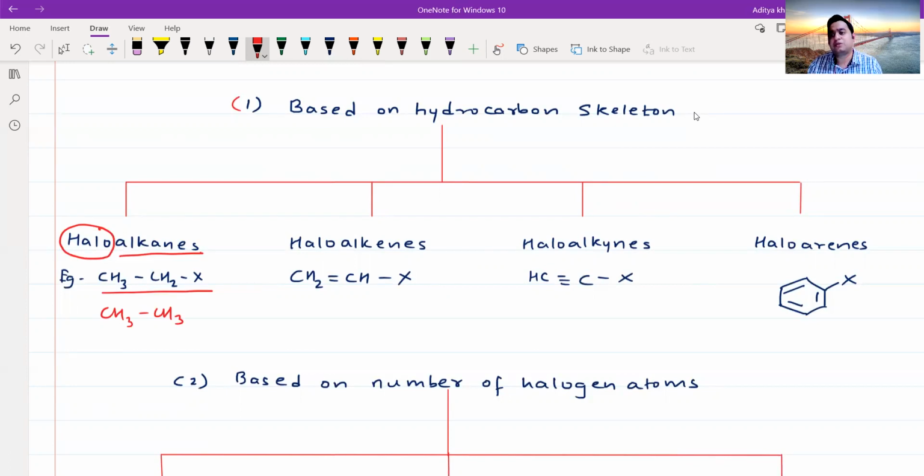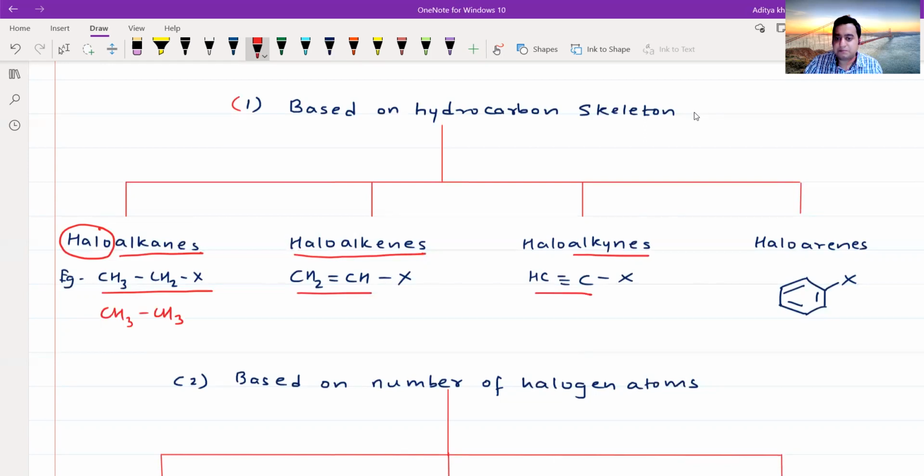If it is chlorine, then it would be chloroethane. And similarly, if you take any other halogen, you get the respective halogen derivative. Another is haloalkene. Again, as the name suggests, this is an ethene in which one of the hydrogens is substituted by a halogen. Same way, haloalkynes.